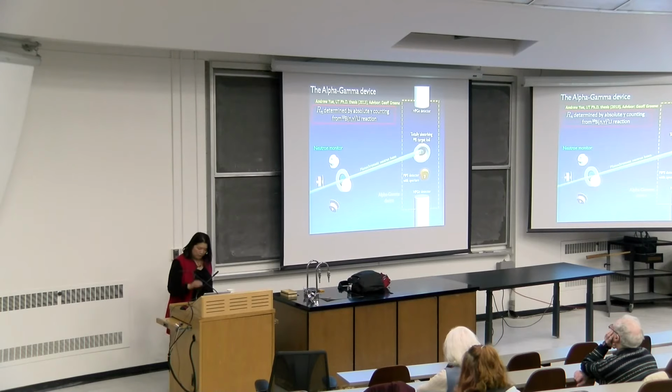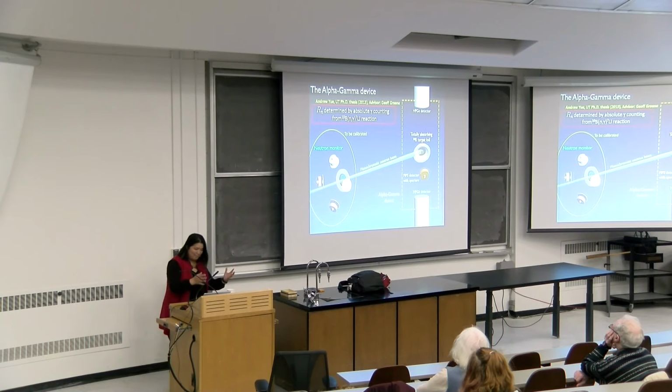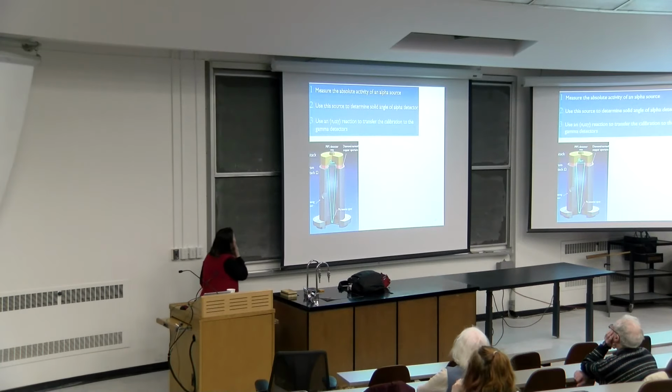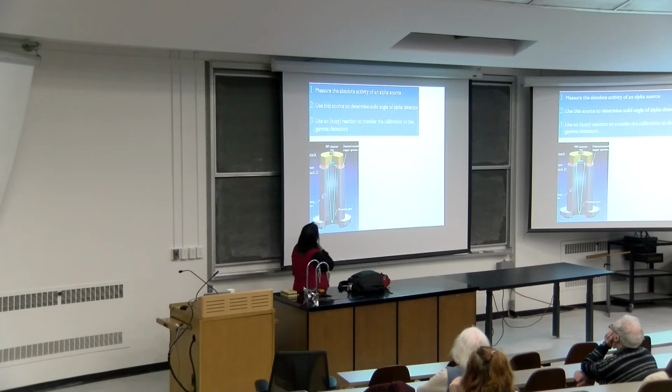Okay. So I will just quickly show you the procedure they use to calibrate this neutron fluence monitor, to give you a feeling of the elaborate process it requires. First, you start with the absolute activity of an unknown alpha source. This is a plutonium source here, a point source.